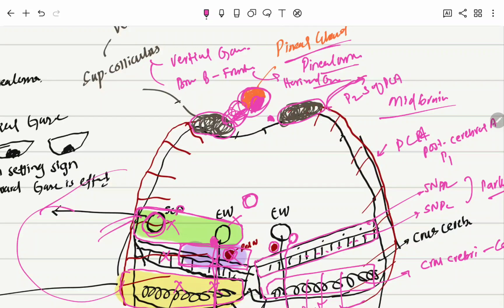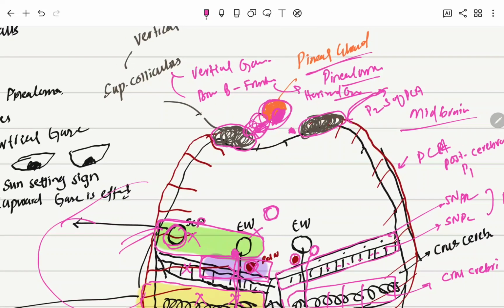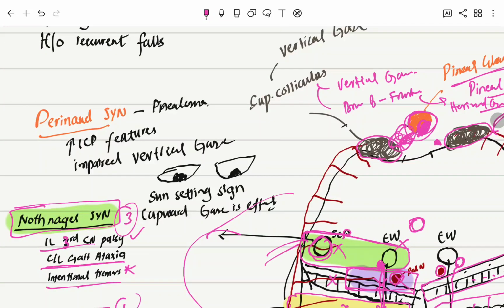So when there is pinealoma, it is going to compress the superior colliculus. Basically we have 4 colliculi on the dorsal aspect of the midbrain. The upper two are called the superior colliculus, and we have the inferior colliculus at the level of the 4th cranial nerve.